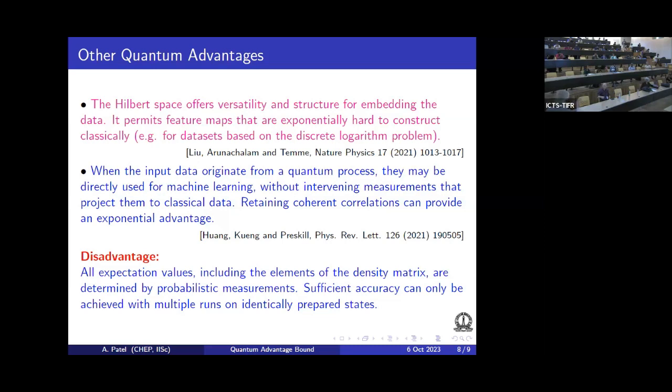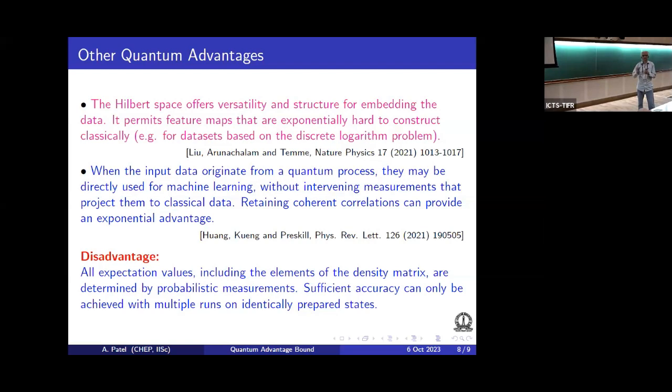Let me give an example. It's not really quantum, but simple enough to understand. It is what astronomers do in large baseline interferometry. The data which is kept is not only the intensity, but also the phase information. In that large baseline interferometry, you combine multiple data, keeping in mind the phase information, and that allows you to detect features which you could not have detected just by looking at the intensity.